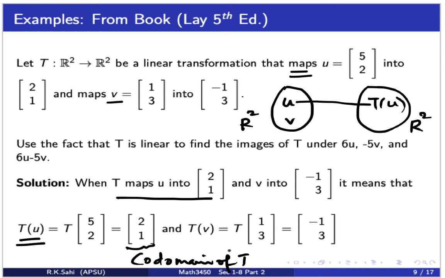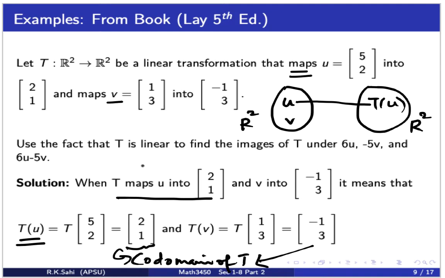In other words, the vectors u and v are in the domain of T, whereas the vectors 2, 1 and minus 1, 3 are in the codomain of T. So T of u is 2, 1, and T of v is minus 1, 3. They are also in the range of T. At this point, just remember we have a domain and a codomain, and we'll keep going from there.